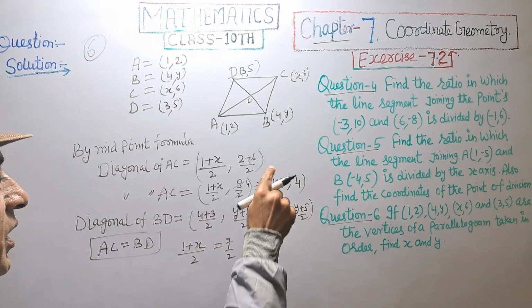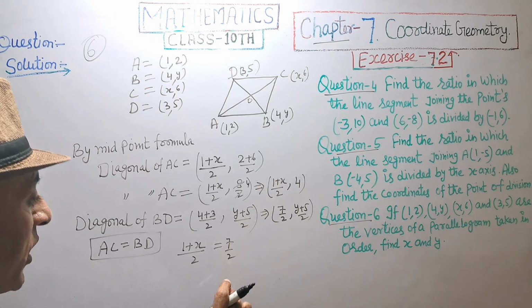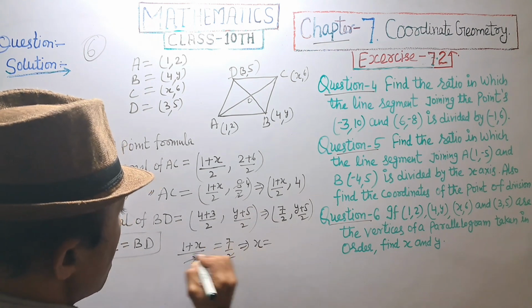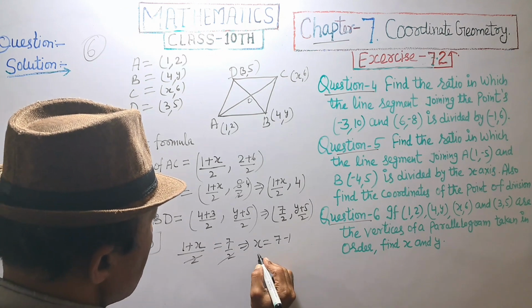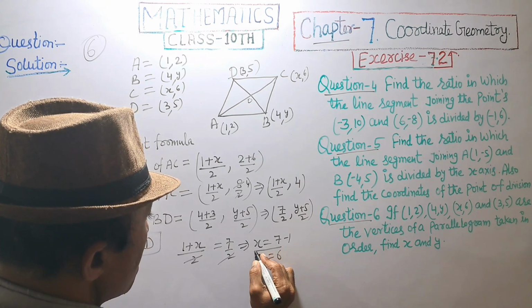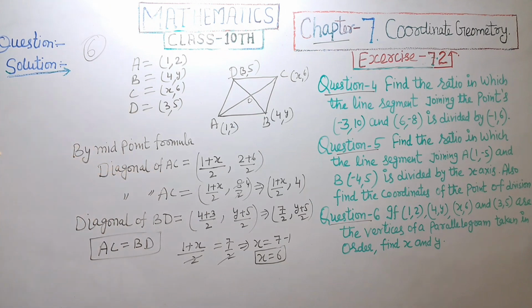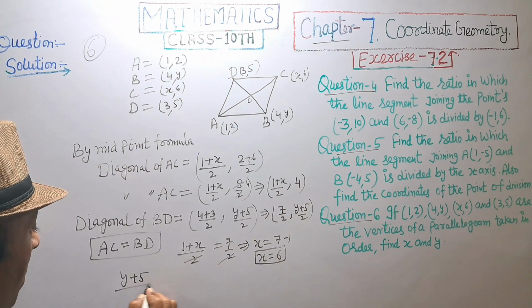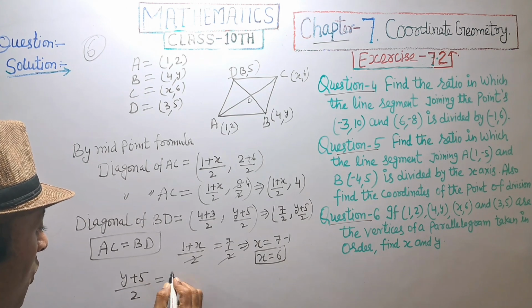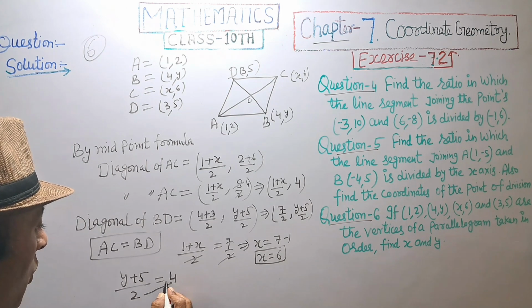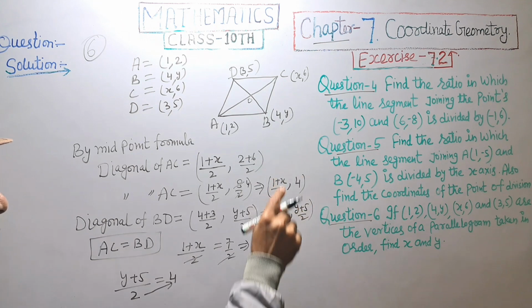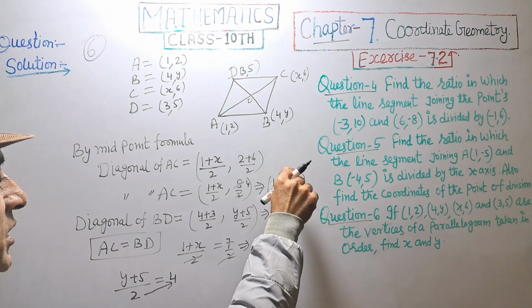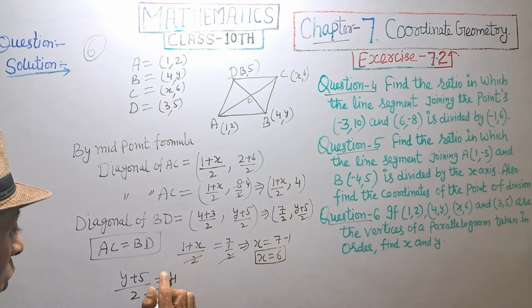First element is equal to first, so 2 is cancelled. This implies x is equal to 7 minus 1, so x is equal to 6. And similarly, second element is equal to second, y plus 5 upon 2 is equal to 4.